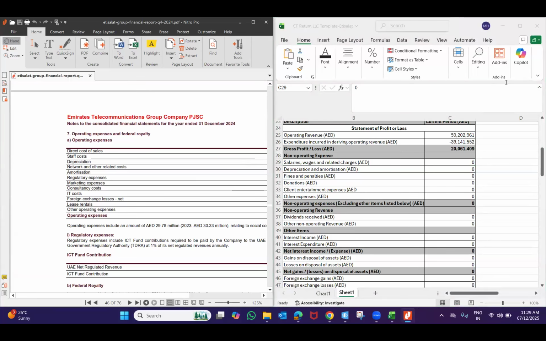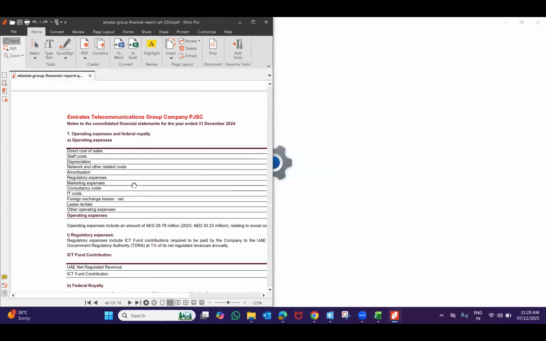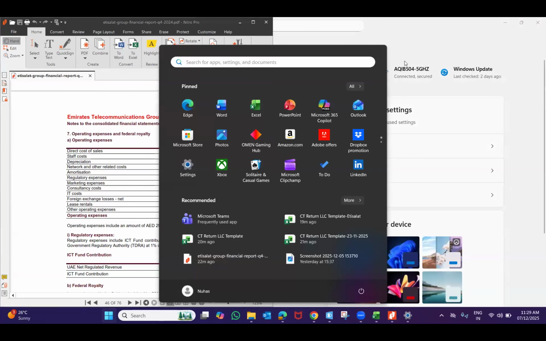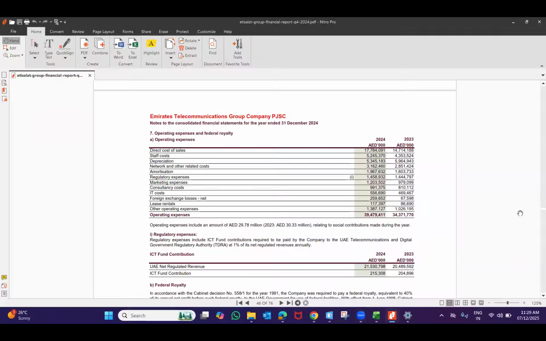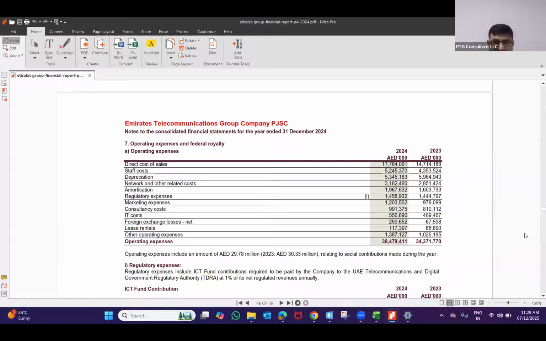Okay, here it is saying the operating expenses and federal royalty.